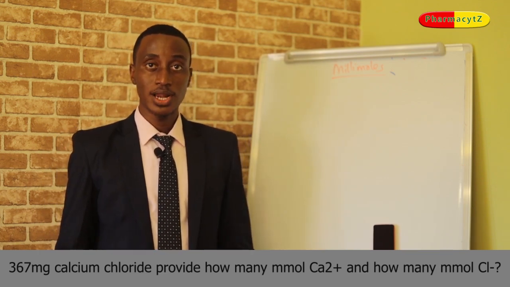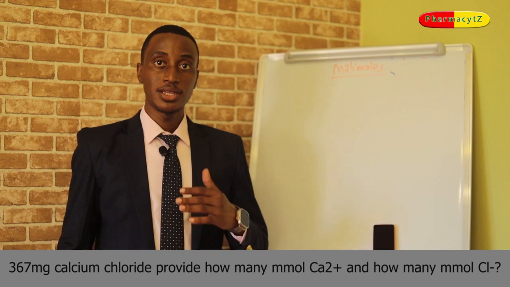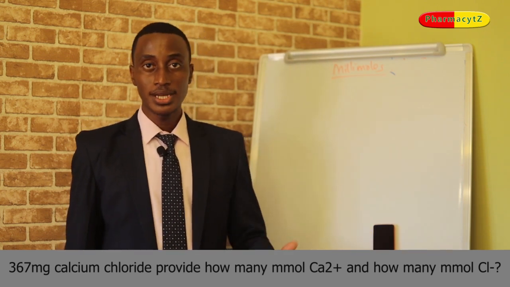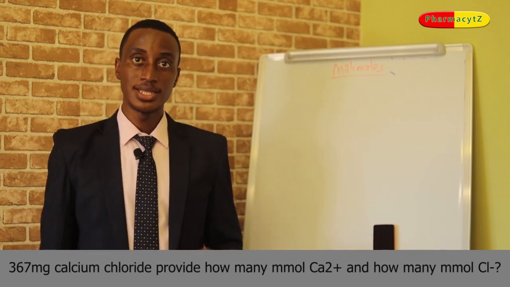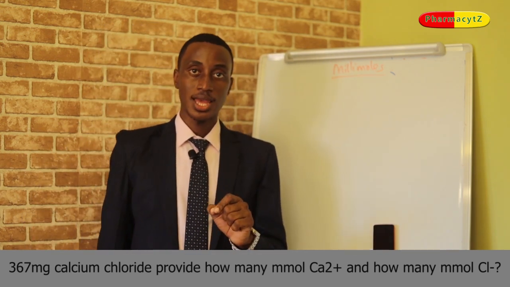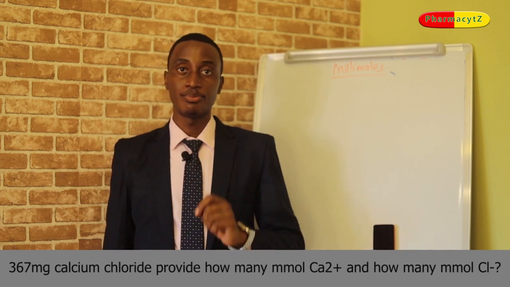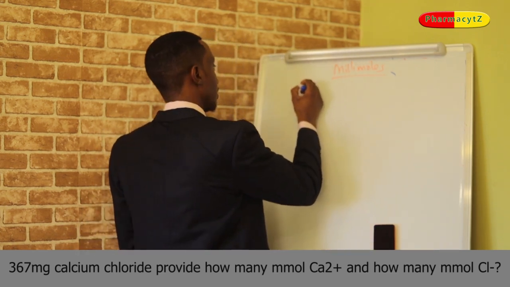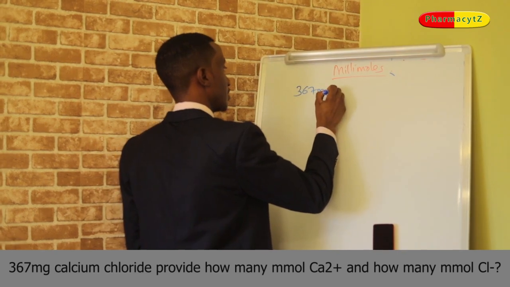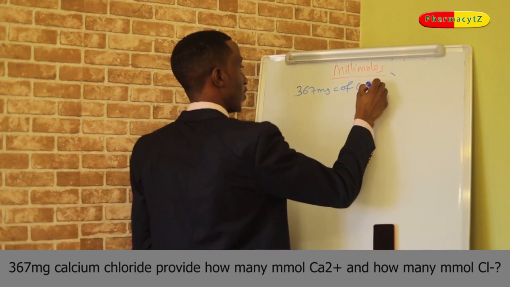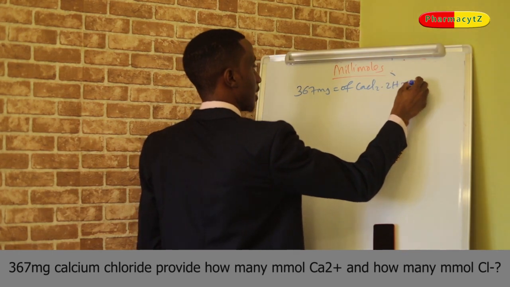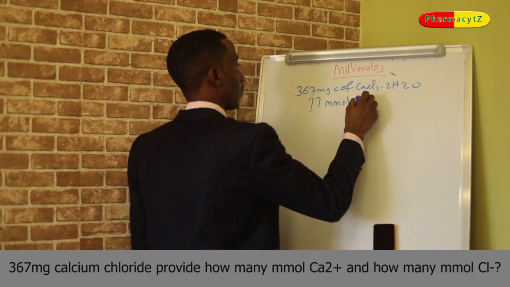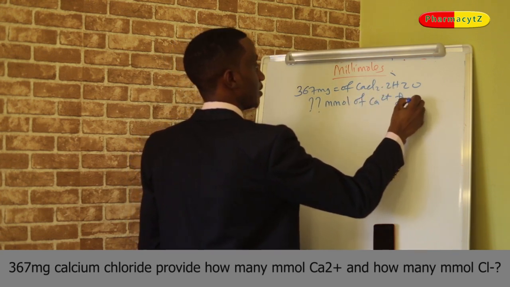When milligrams or grams of salt are stated, the required millimoles are calculated by proportion. So what does it state? 367 milligrams of calcium chloride can provide how many millimoles of calcium and chlorine.